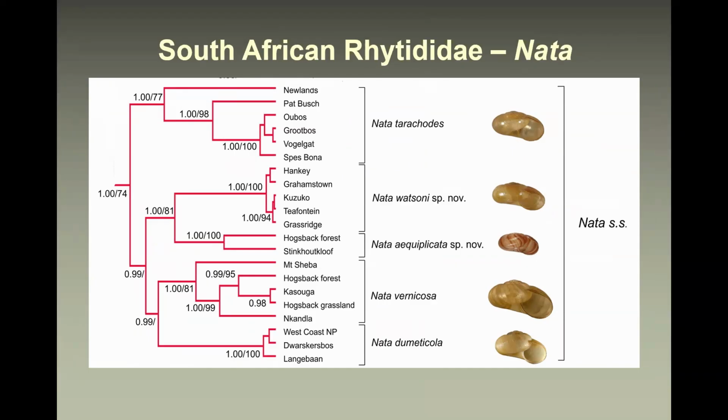Considerable divergence in terms of the genetics here. But an important thing to remember or to see here is how similar all of these are. There's very little morphological differentiation. We've got morphological stasis, but we've got considerable genetic divergence.